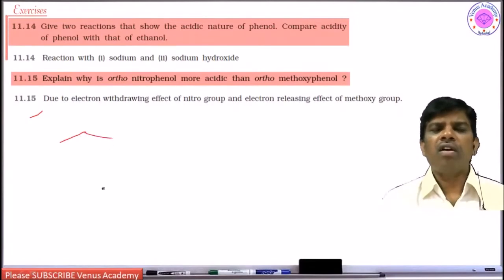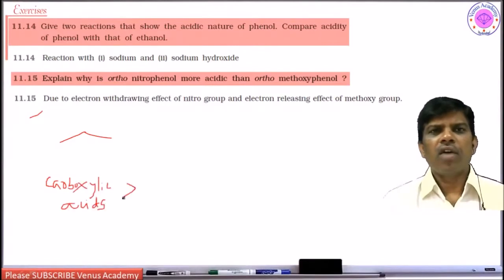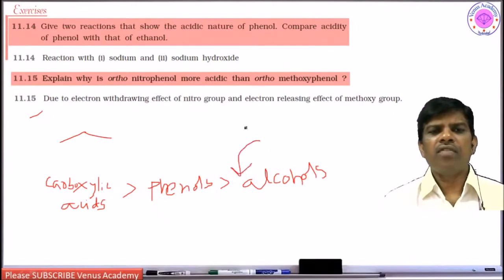What is the overall acidity order of organic molecules? If you remember, carboxylic acids are highly acidic, followed by phenols. I have been repeating this. Phenols, then follows alcohols. So in between these two, alcohols and phenols, water will come, students.